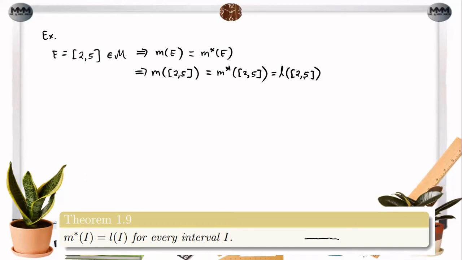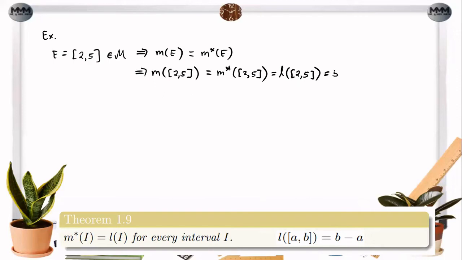Follow? And what is the length of the interval? The length of the interval is equal to B minus A, where we have here our closed interval A, B. Our B here is 5 and our A is 2.